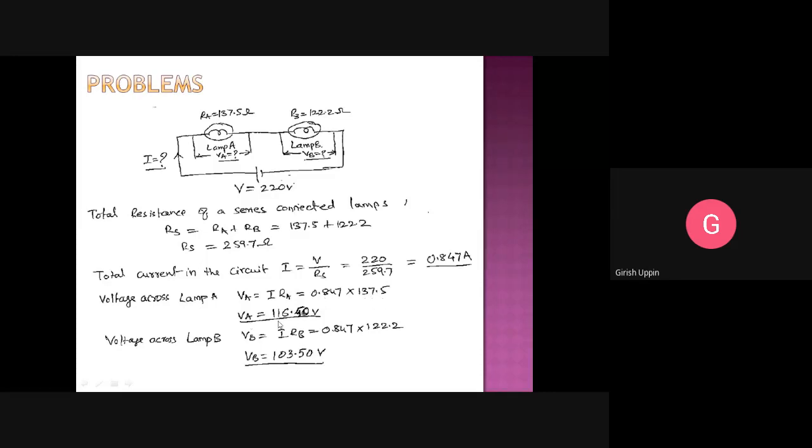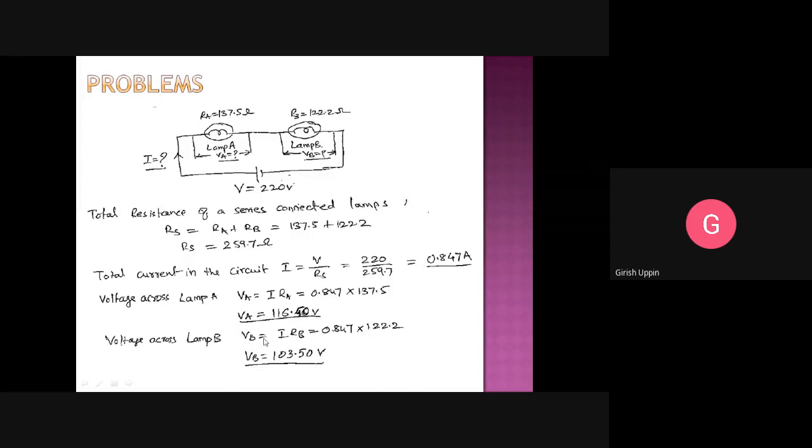That comes as VA equal to 116.5 volts. Similarly, VB, the voltage across lamp B, is I into RB, that is 0.847 into 122.2. That comes as 103.5.